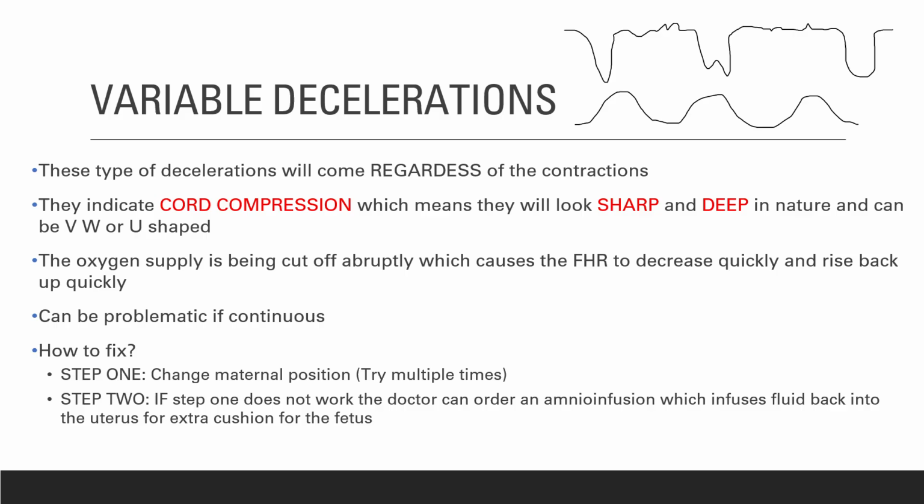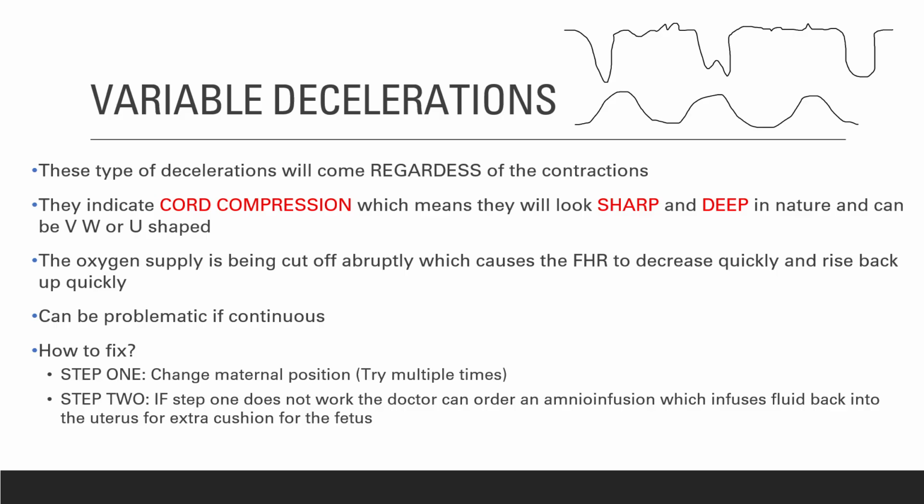And then second step is that if it continues, if the patient's water has broken and there's not enough fluid inside the actual amniotic sac to cushion the cord, we may actually have to do an amnio infusion, which is a procedure where we put fluid back in through the vagina using the IUPC and putting fluid back inside the amniotic sac.